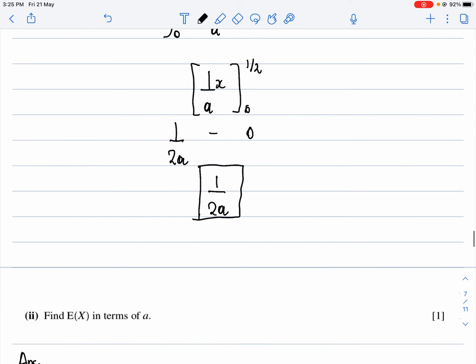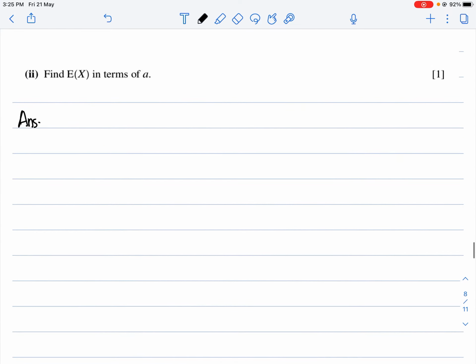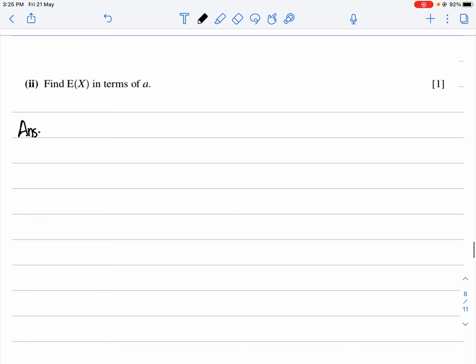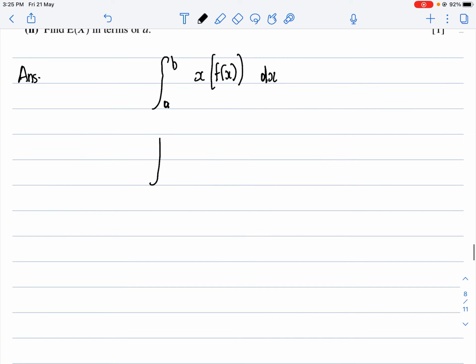Got it? Now, find E of x in terms of a. The formula for E of x is the integral over the limits of x into f of x dx. We know our limits are from 0 to a, correct?